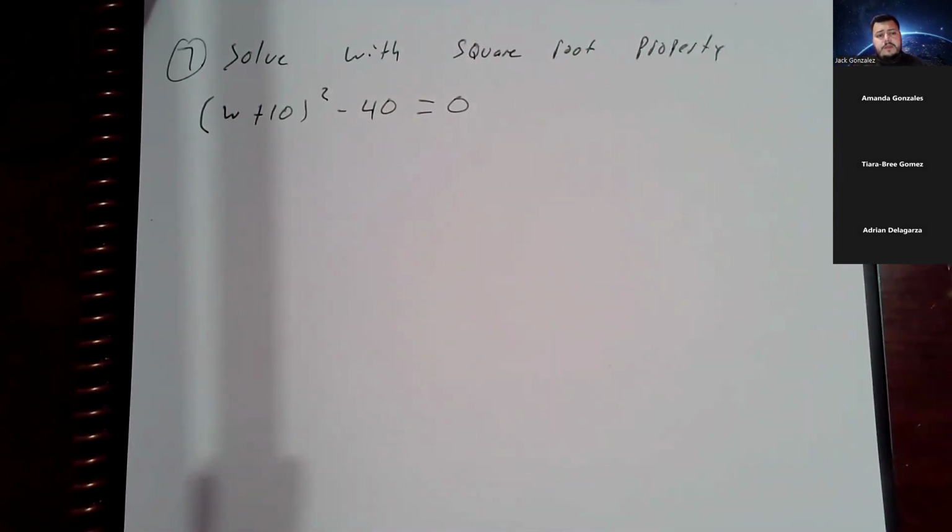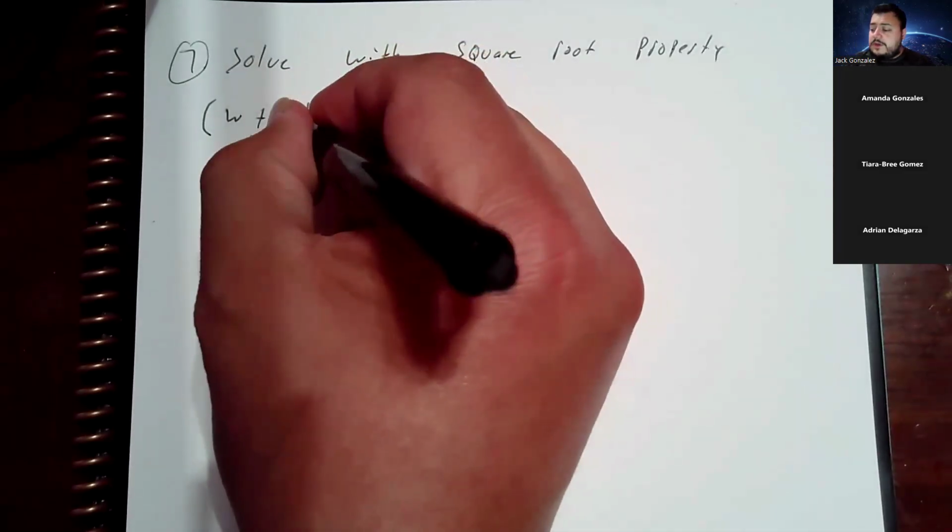So if I want to square root both sides, what do I have to do first? So how does it need to be set up?